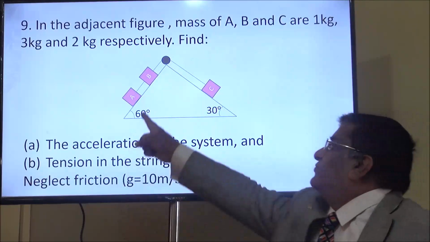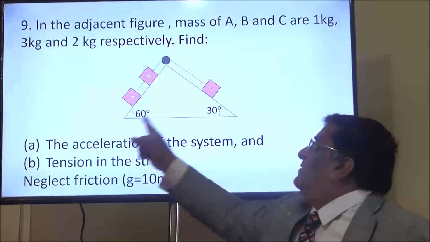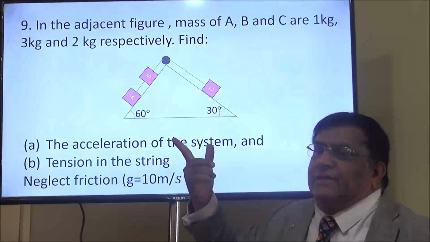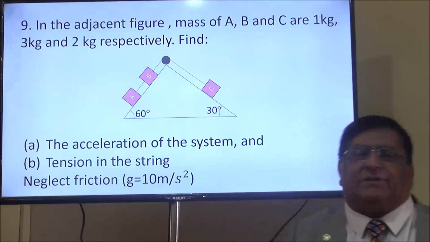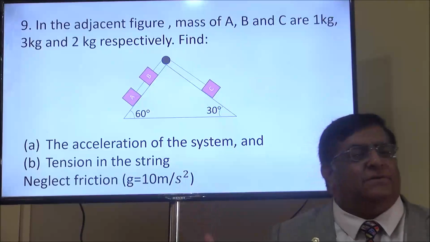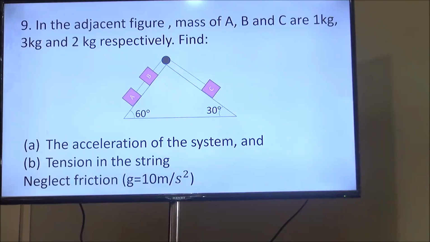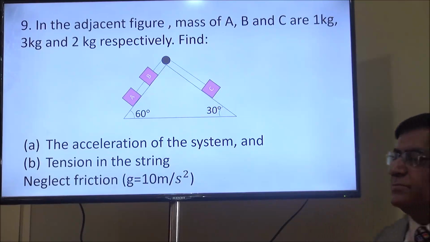So there is a force working here. There is a force working here, and these are connected with one string. Whichever force is larger, it will move towards that direction. That's all. So you can very well make it. Please do it.